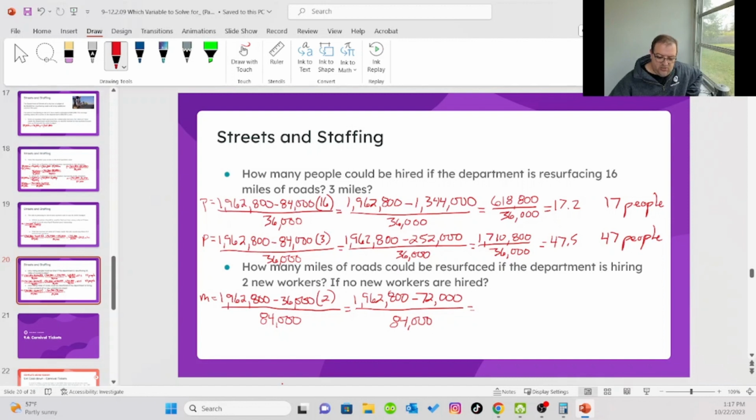And if we take the original budget and we subtract out 72,000 for new personnel, that leaves $1,890,800 divided by the $84,000 per mile.